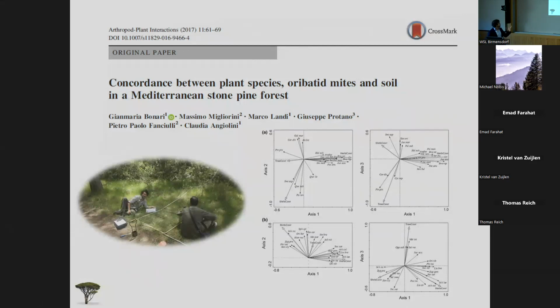And here we looked at whether there is a concordance between the vascular plant and the mite communities. And what we found is that there is a concordance, which means that as the vascular plants have a specific ecology in the overstory in your forest, the same happens in the below ground part.